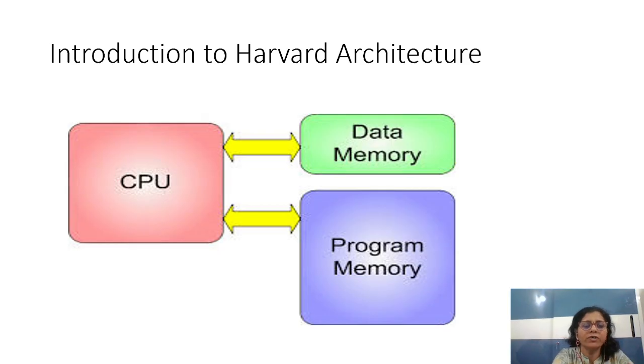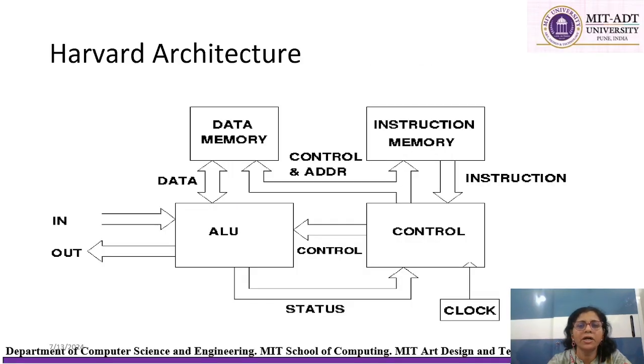Harvard architecture is the basic type of architecture supporting parallel access for both program and data memory. In this type of architecture, we have separate program and data memory. As seen in the diagram, there are two separate memories, data memory and instruction memory, or alternatively we can call it program memory.